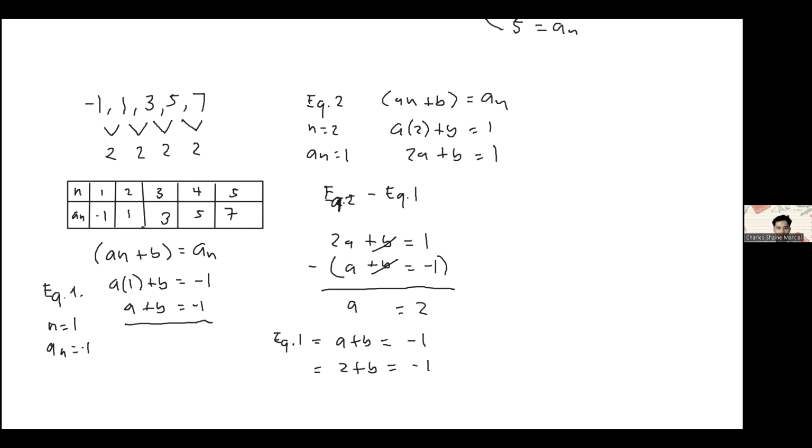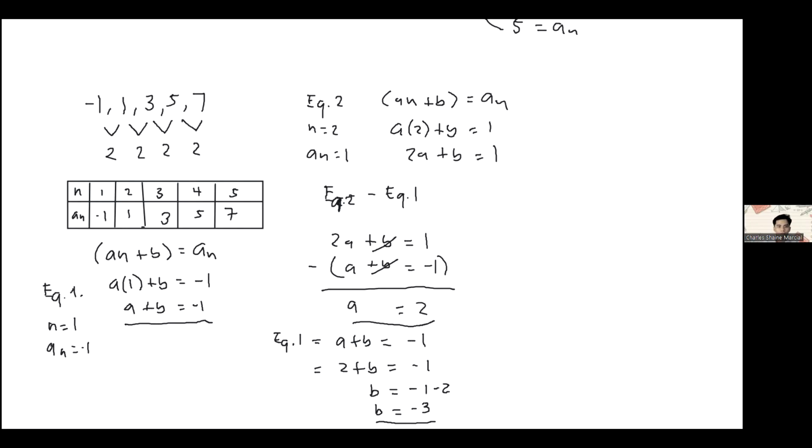Ililipat lang natin si positive 2 sa kabila. So, magiging negative 2 or minus 2. So, b is equal to negative 3. Okay, nag-add tayo pero i-retain lang natin si sign na negative. Ayan. Now, meron na tayong value ng a and b.